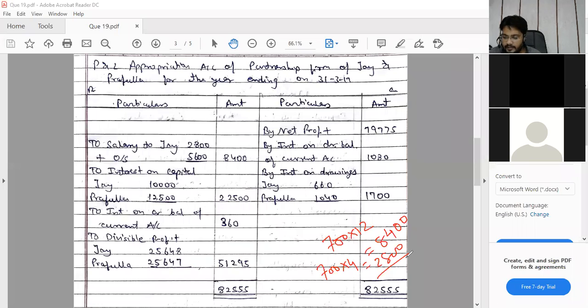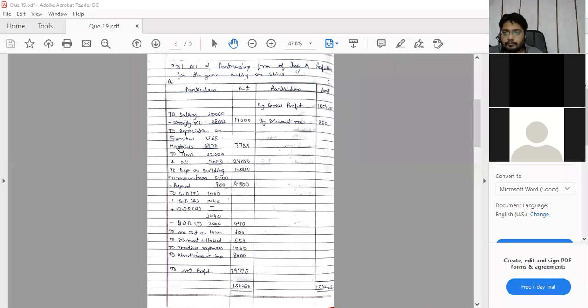He already withdrew. So first of all, write on the P&L debit side, deduct from the salary.